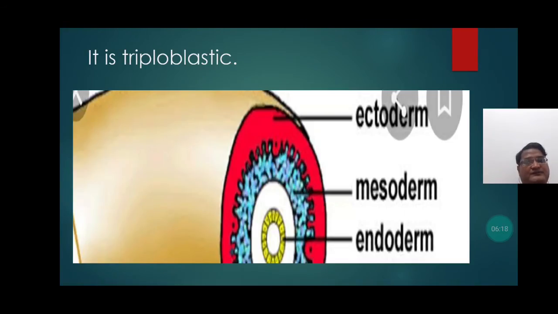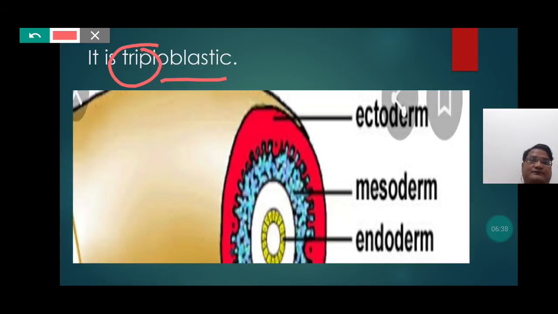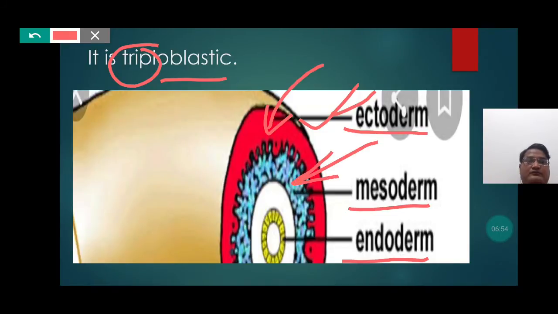It is diploblastic. So students, the body of the earthworm is basically distinguished into three important layers. So students, the most important three layers which form the body of annelida are ectoderm, mesoderm and endoderm, where ectoderm forms the outermost protective layer, mesoderm forms the intermediate protective layer, and the endoderm forms the innermost protective layer.